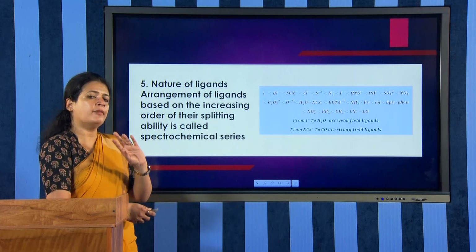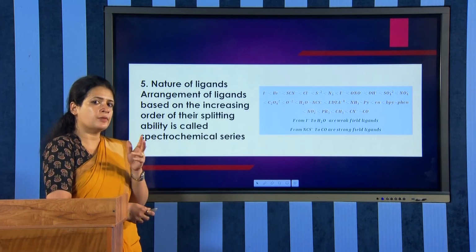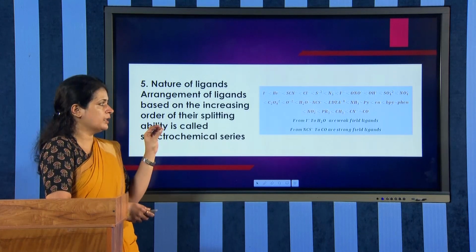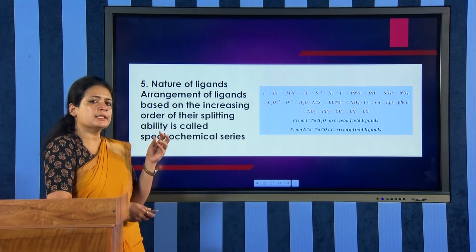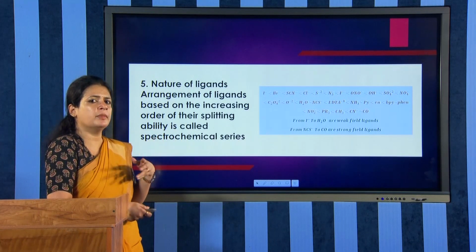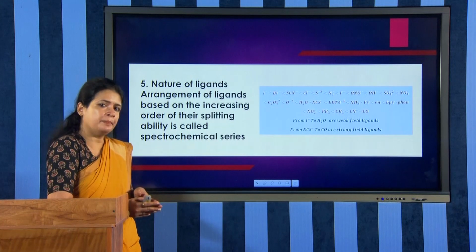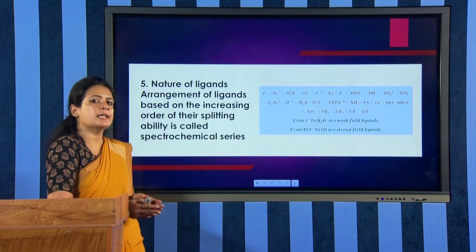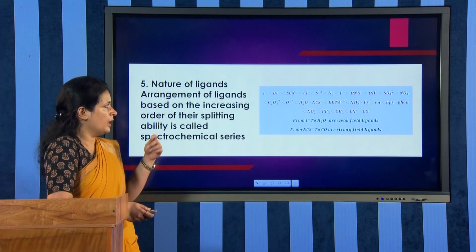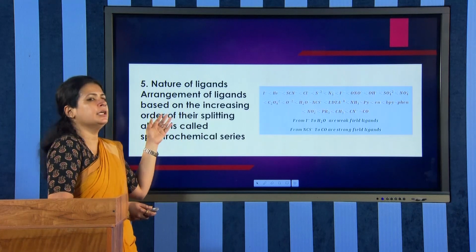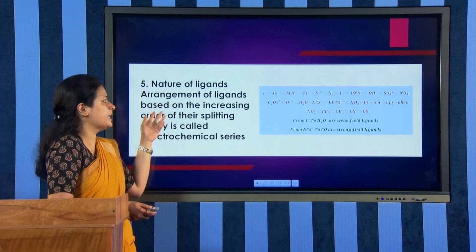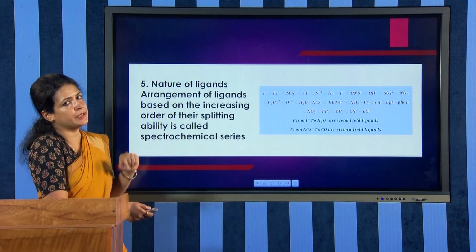Different ligands have different nature of splitting. Weak field ligands are not much capable of splitting, and strong field ligands are very much capable of splitting. So, we have arranged the ligands in the increasing order of their splitting ability.